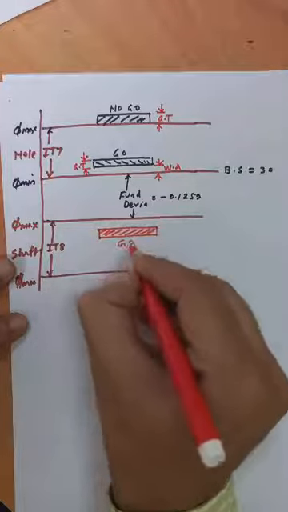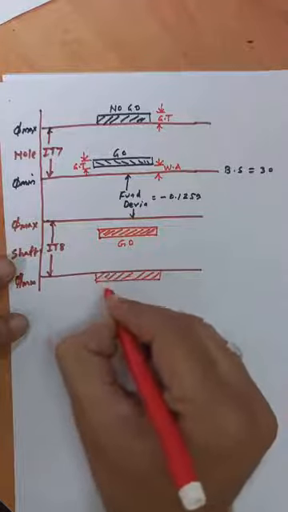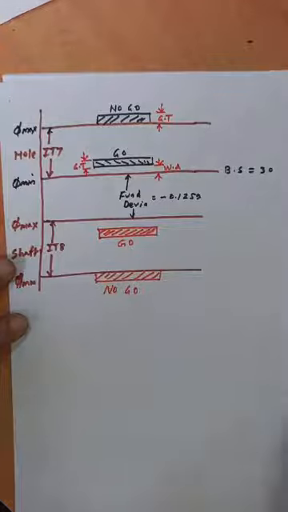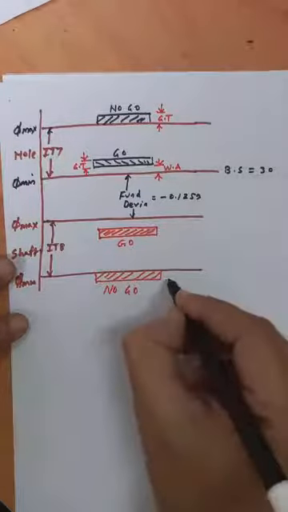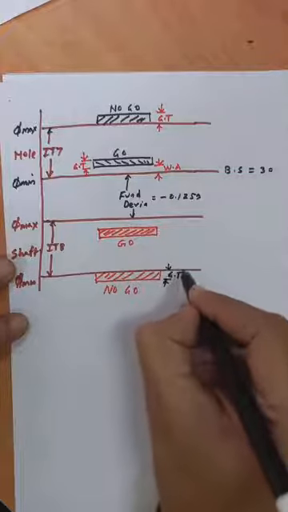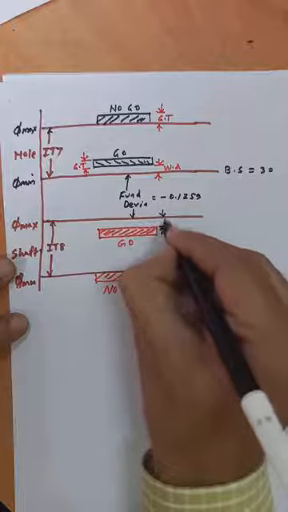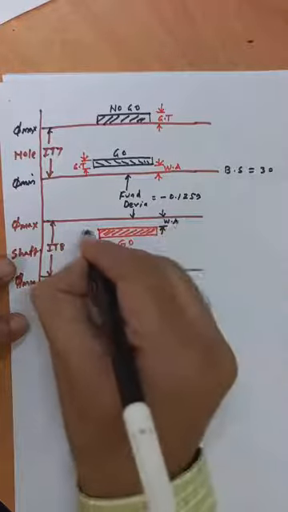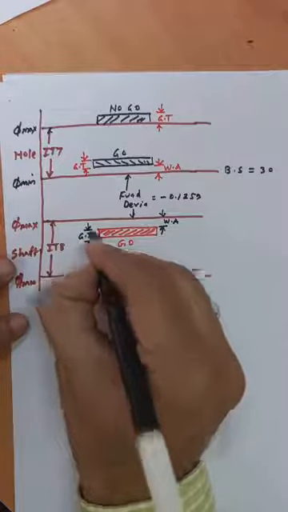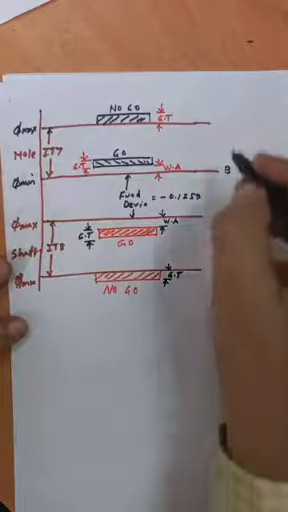This is the go gauge and this is the no go gauge for the shaft. Here this is the gauge tolerance and this is the wear allowance. So these are the values.